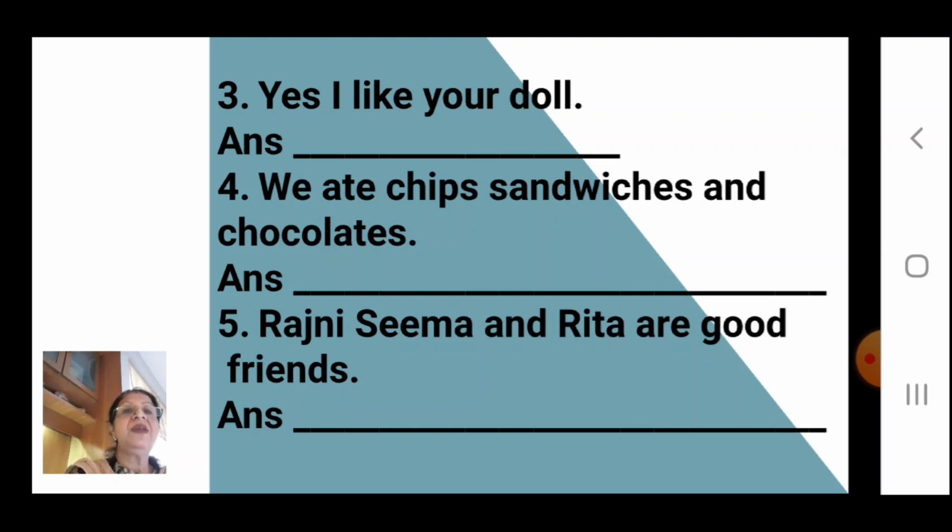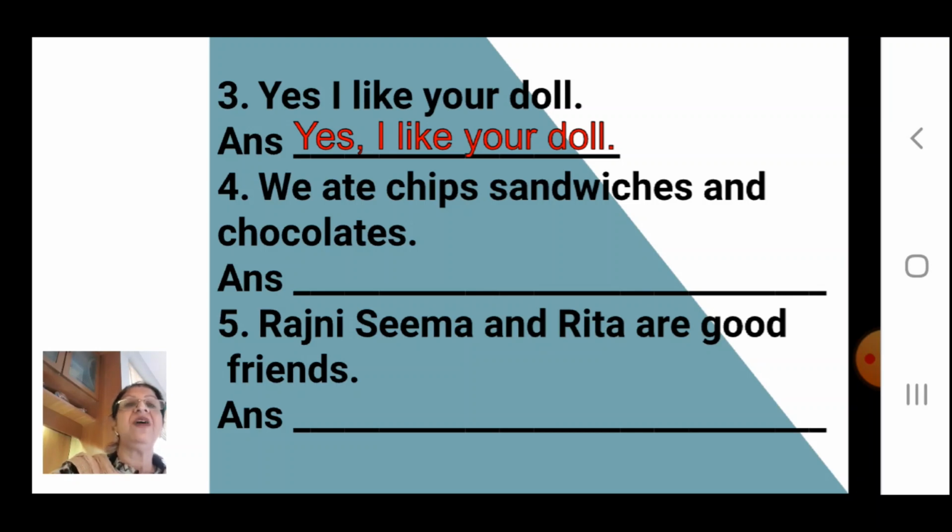So number 3 is there on page 55. So there you continue. "Yes, I like your doll." So after yes, I have put a pause. I said, "Yes, I like your doll." So where would we put a comma? After yes. So children, please put a comma after yes. Yes, I like your doll.